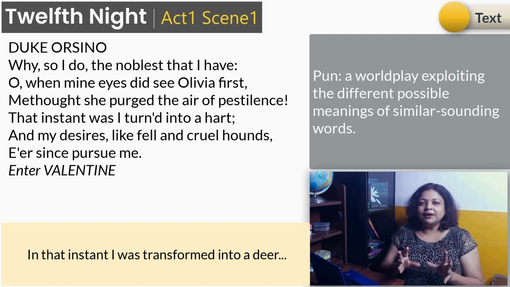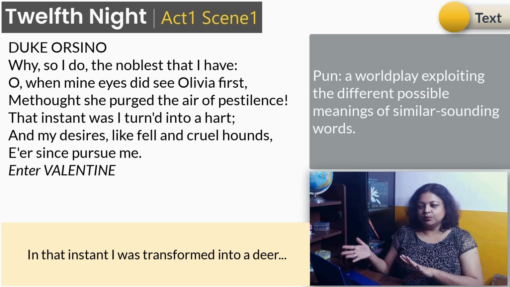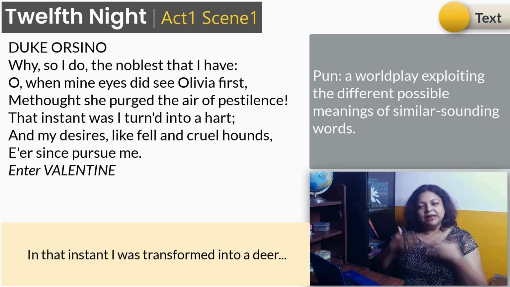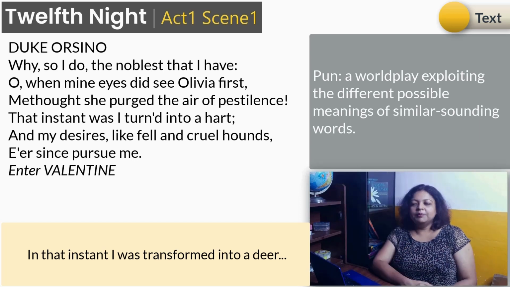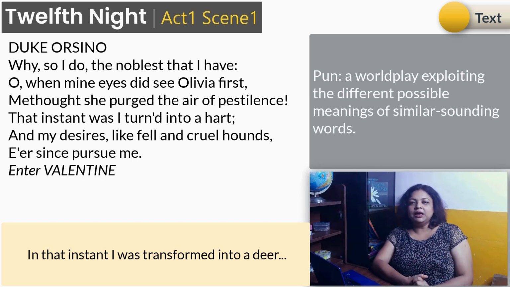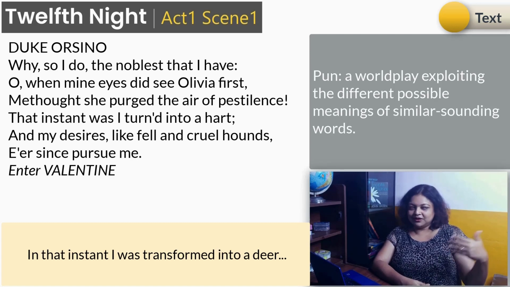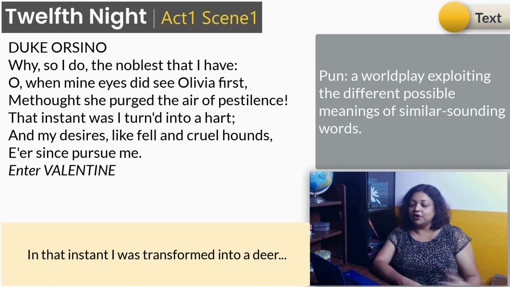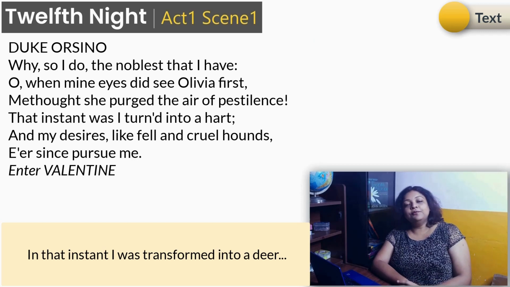Pun is something we see Shakespeare repeatedly using, especially in comedies, because a pun is intended to be a bit of a comic figure of speech, creating an effect of comedy. So Orsino feels that he was turned into a deer when he saw Olivia. And why is he saying this?